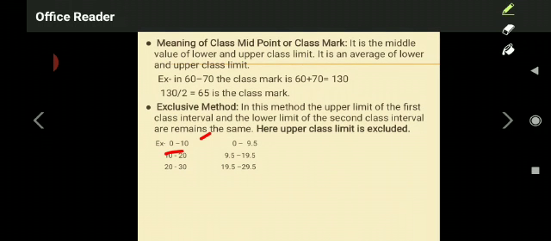These two are same. When the upper class limit of the first class interval and the lower class limit of the second class interval are same, that method is called exclusive method. I hope you understood.